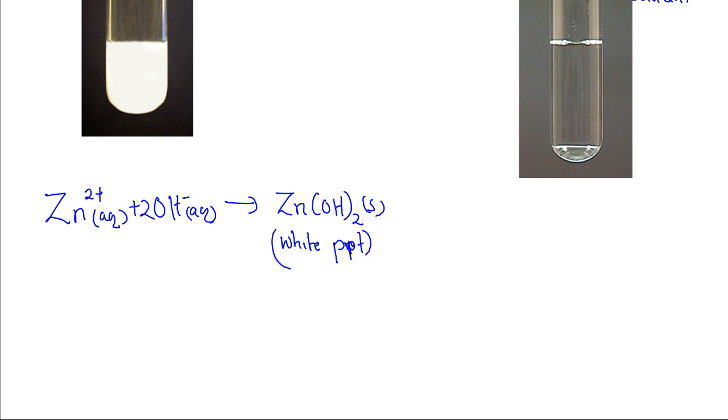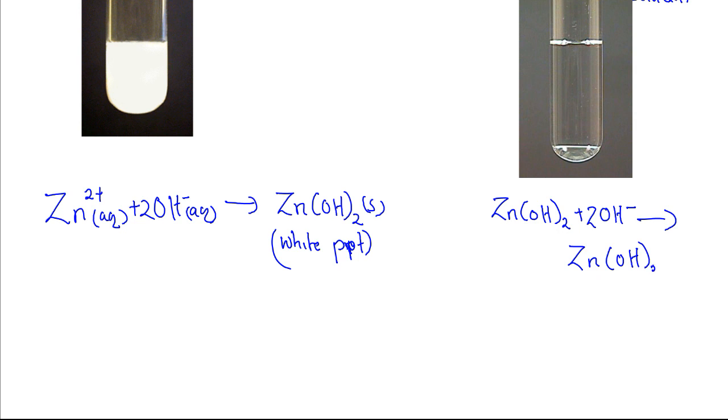Then in the colorless solution, the white precipitate formed reacts with more hydroxyl ion from excess sodium hydroxide to form a colorless solution.